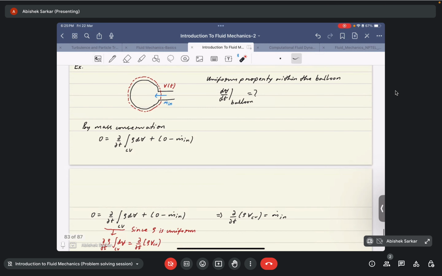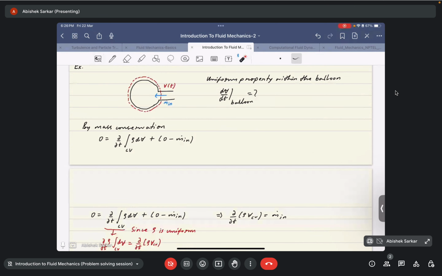So for the given problem in hand, by applying the conservation of mass, first of all we need to choose the control volume. The control volume that we choose is the surface just outside the surface of the balloon. Again, the choice of control volume can vary from person to person.